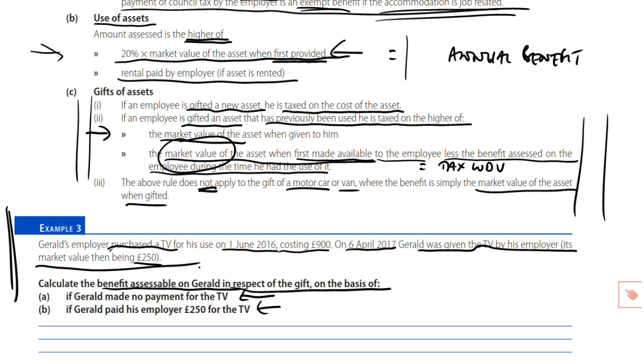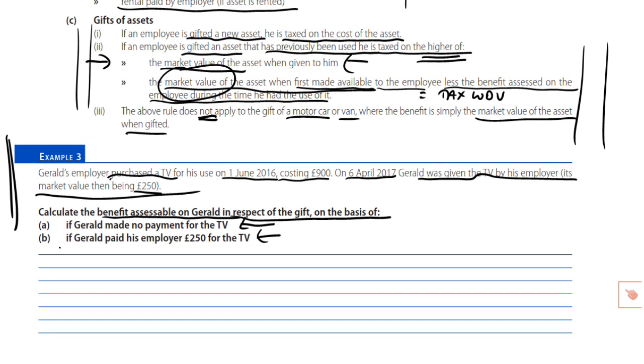The assessable benefit is the higher of the market value. So in this first circumstance, what is the market value? Open market value is £250 there. And we're looking at it assuming firstly that there is no payment made for the TV. So there we go, that's the first of the two, the market value.